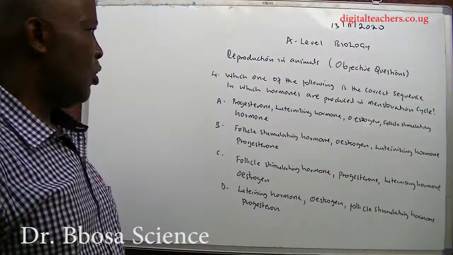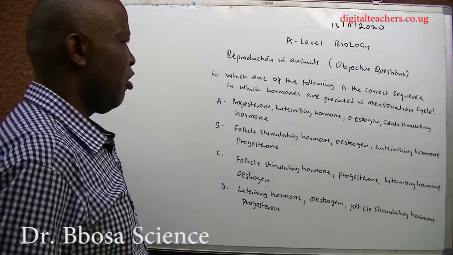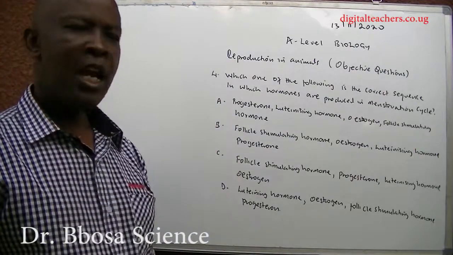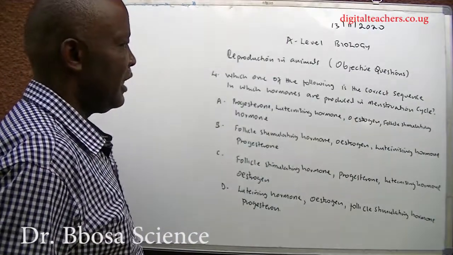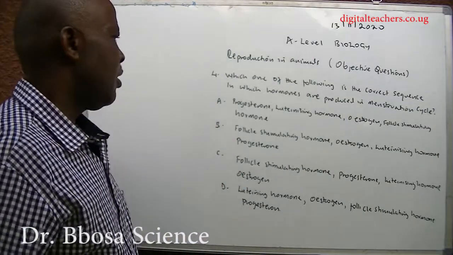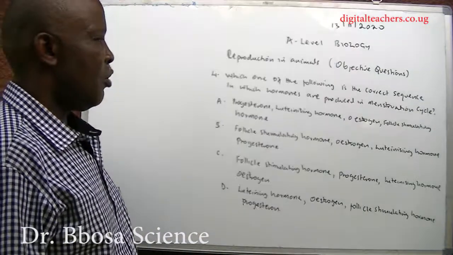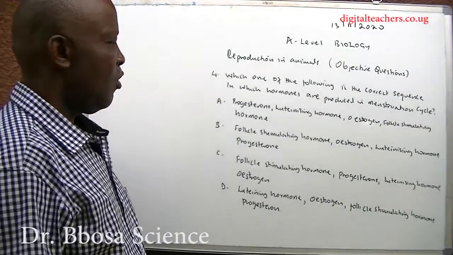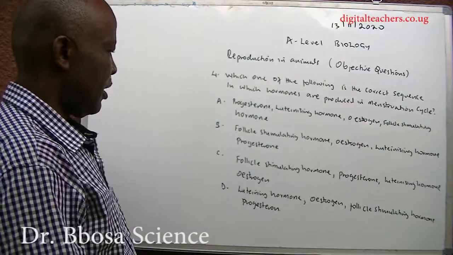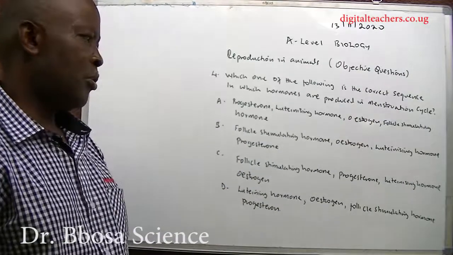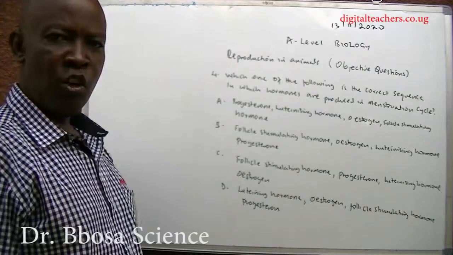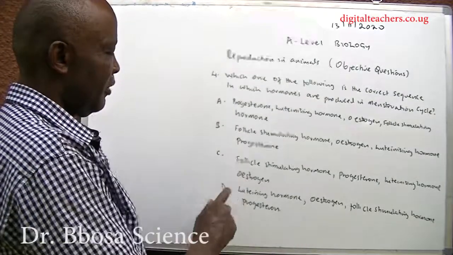Number 4, which of the following is the correct sequence in which hormones appear in the menstrual cycle? A. Progesterone, luteinizing hormone, estrogen, follicle stimulating hormone. B. Follicle stimulating hormone, estrogen, luteinizing hormone, progesterone.